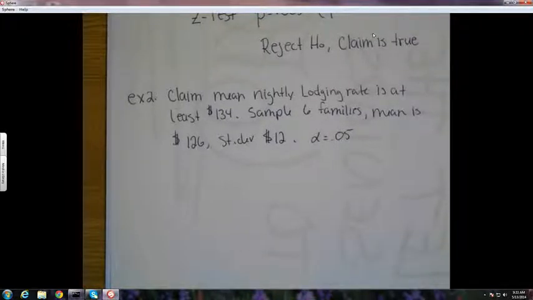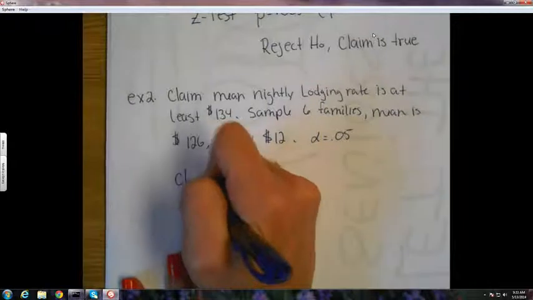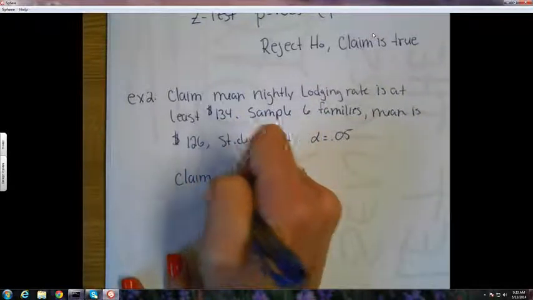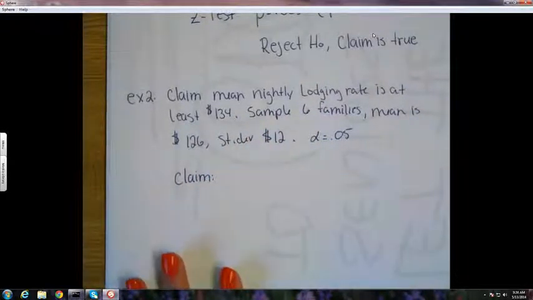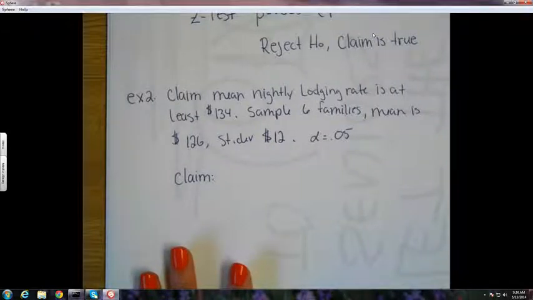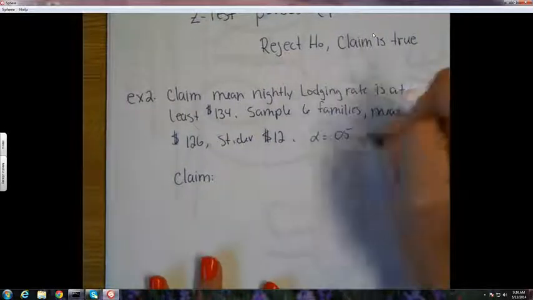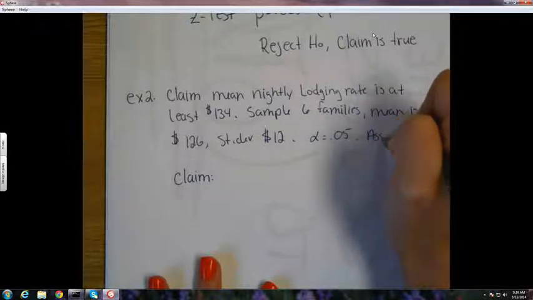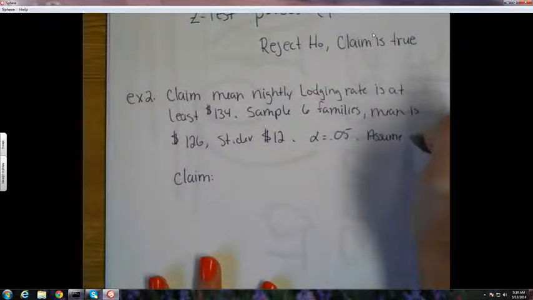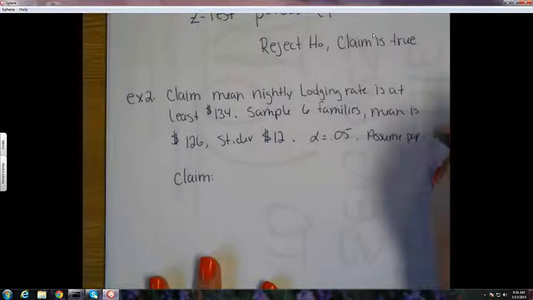And we're using the program. Okay, so we rewrite. Assume population normally distributed.